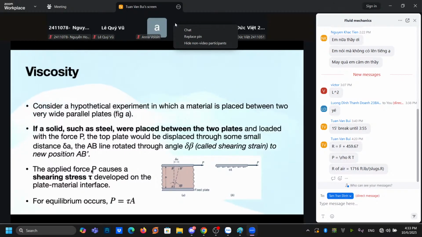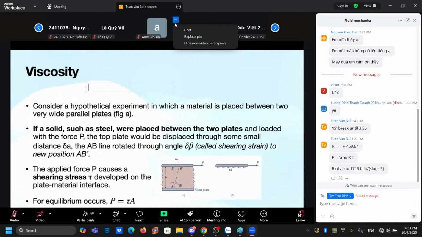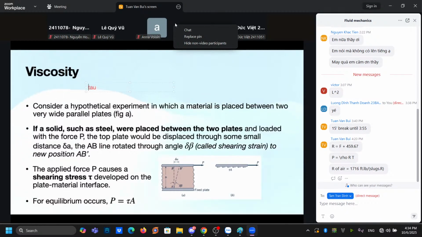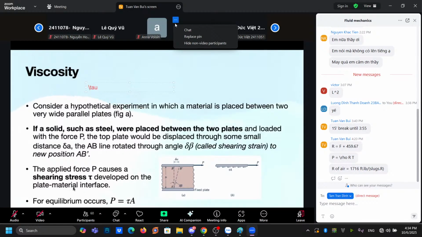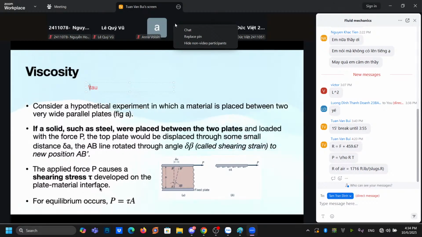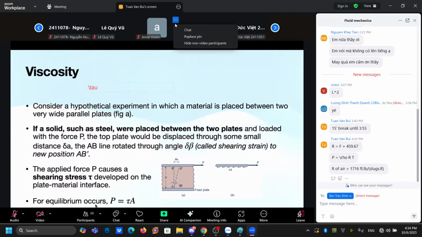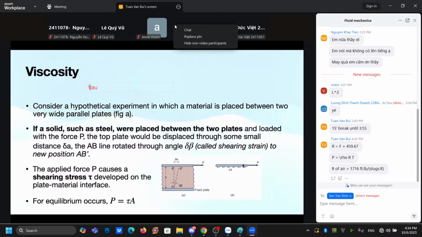This letter here is called tau. It develops on the plate-material interface, and when equilibrium occurs, meaning the plate is not moving anymore and we have balance, P will equal tau multiplied by A, where A is the area of the upper plate.